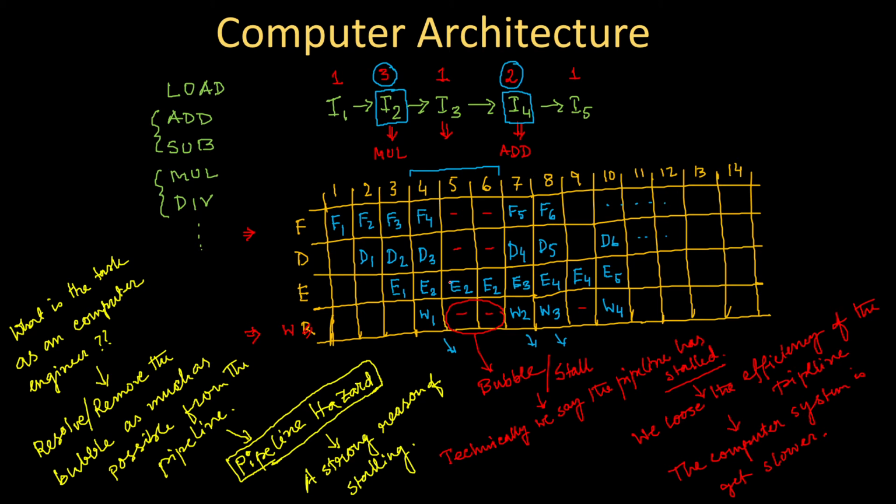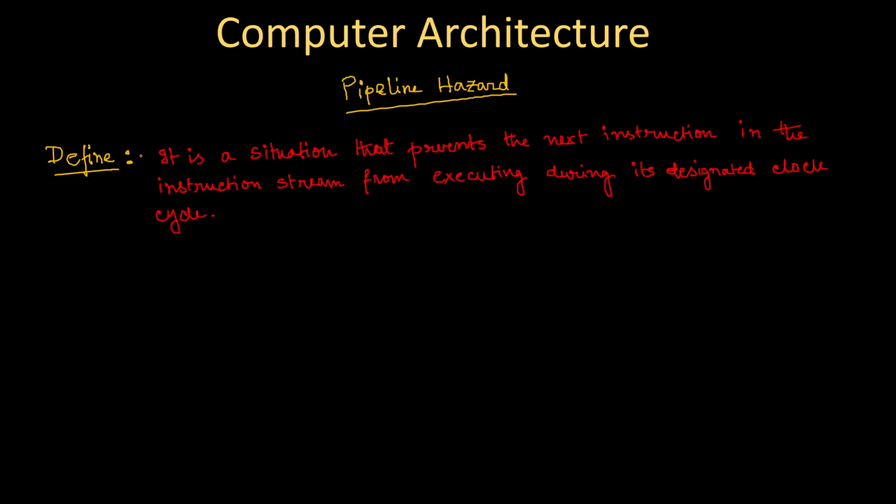Although here the reason is different, because we have considered different lengths with respect to timing for different types of instructions. However, if a similar situation arises because of unavailability of something within the instruction, then it is a hazard.